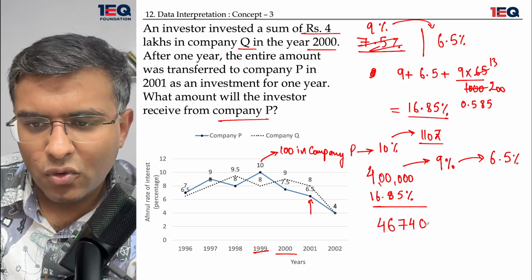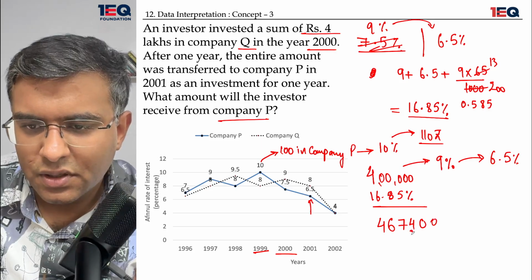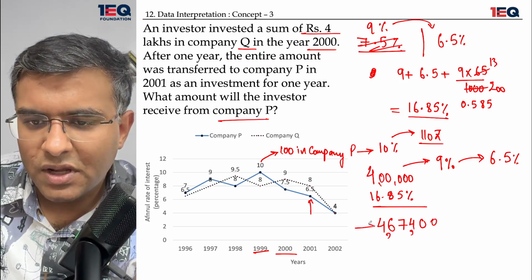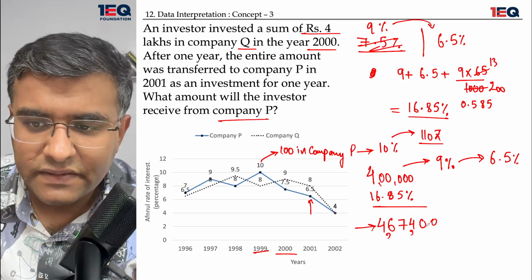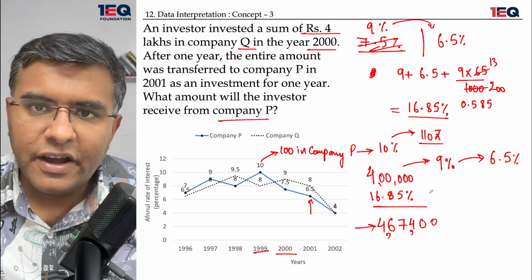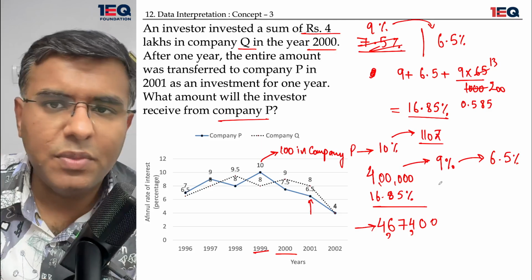So I'll have a 4 over here and I'll apply a 0 over here. This gives me the final output as 4,67,400 as my final amount after investing in company P as well.